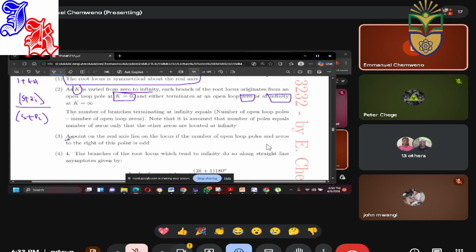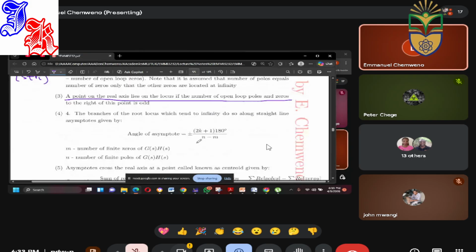Number 3. A point on the real axis lies on the locus if the number of open loop poles and zeros to the right of this point is odd. Suppose you only have real poles and zeros on the real axis.